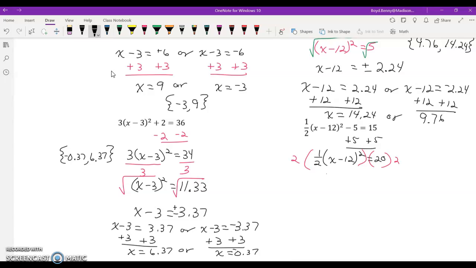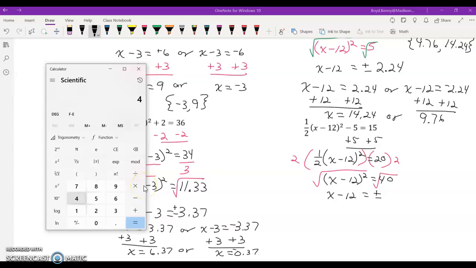And when I do that, that's going to give me x minus 12, quantity squared, equals 40. And I'll take the square root of both sides, like we've done on all the others. That leaves us with x minus 12 equals plus or minus the square root of 40, which would be 6.32.